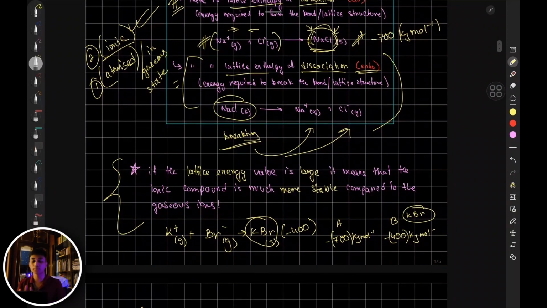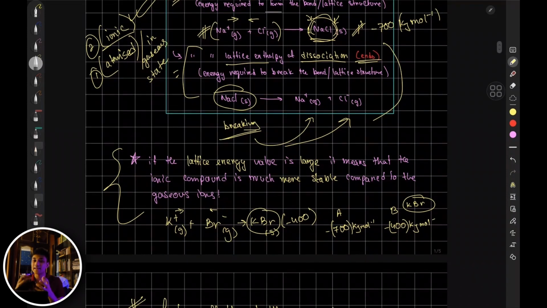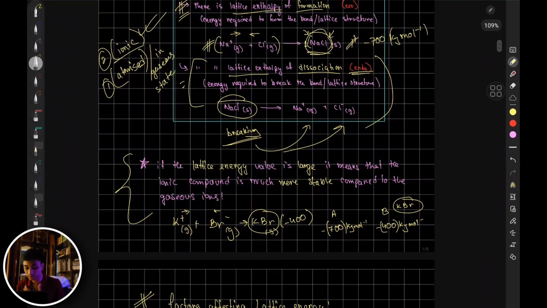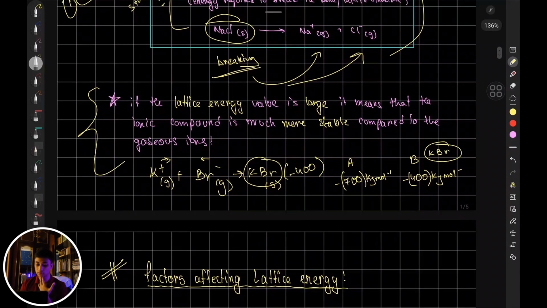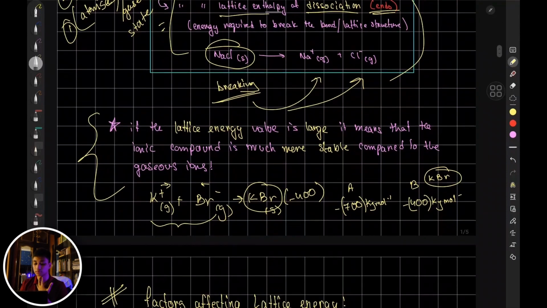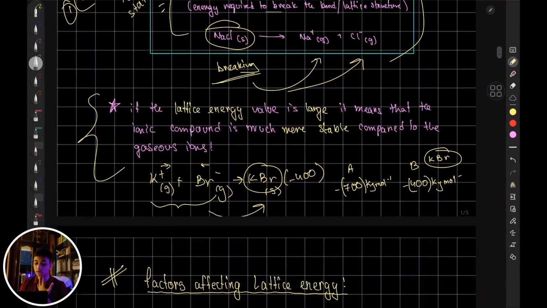For potassium bromide, the attractive forces, let's say, are comparatively weaker. As a result, potassium bromide is comparatively a less stable compound, even in comparison to its separate ions. Why?